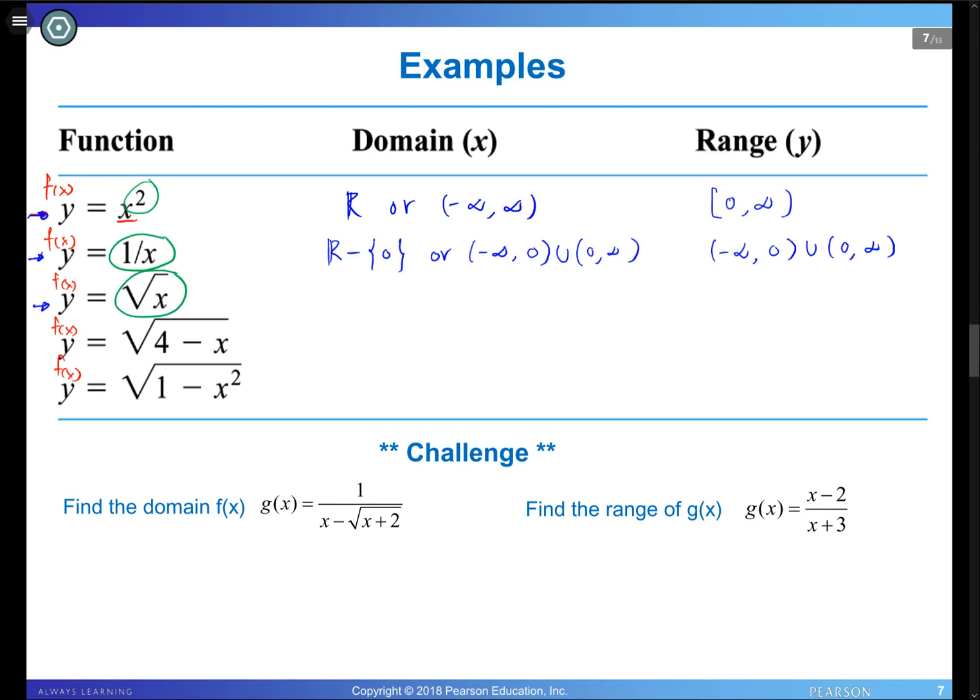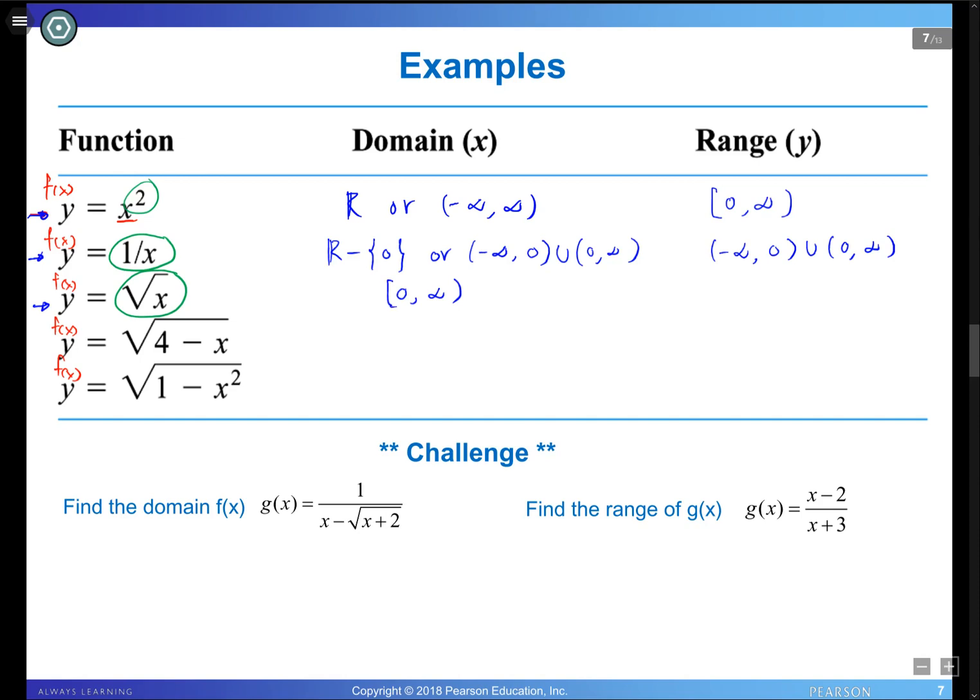So x can be anything as long as it's not negative. As long as x is positive or 0, it's okay. So x can be 0 to infinity. That is the domain set for this function.